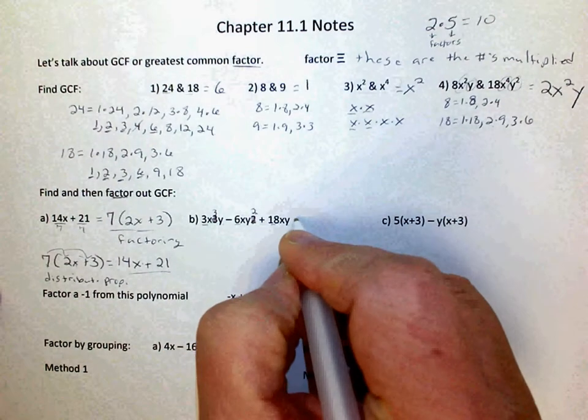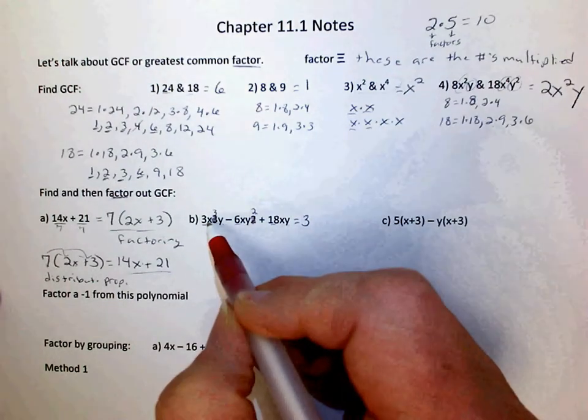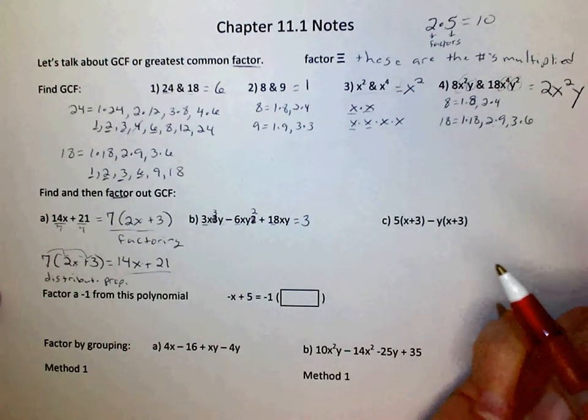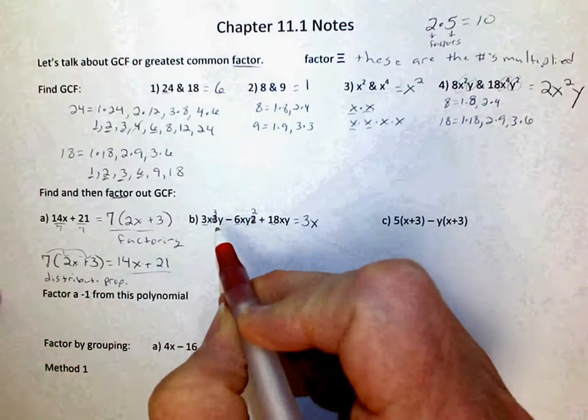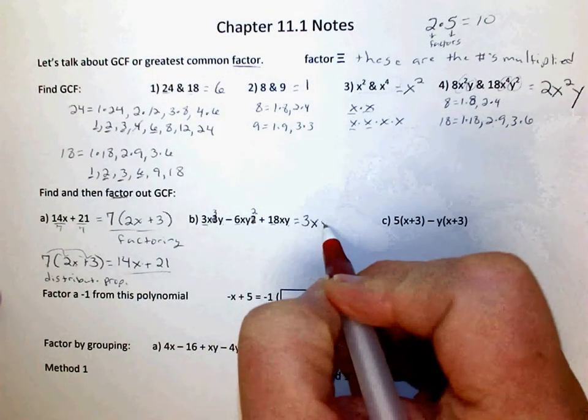If you said 3, you're absolutely right. Now x cubed, x to the first power, x to the first power, the smallest is just x. Y, y squared, and y, the smallest is y.